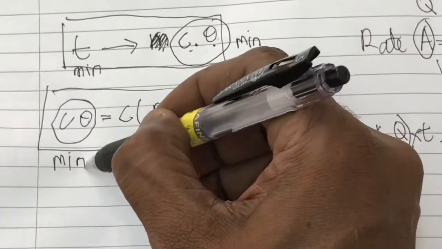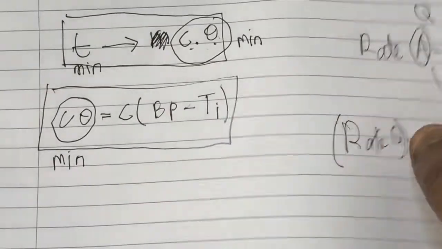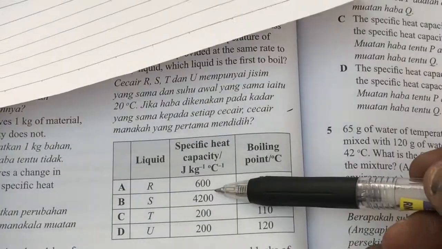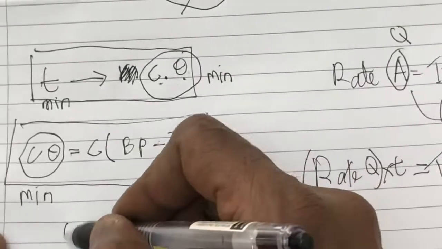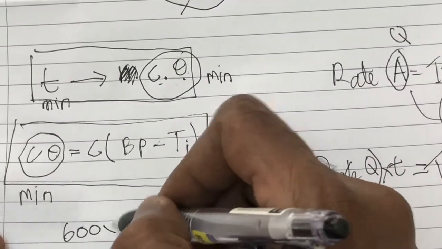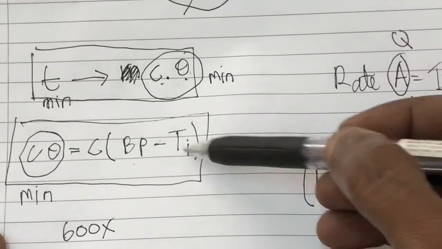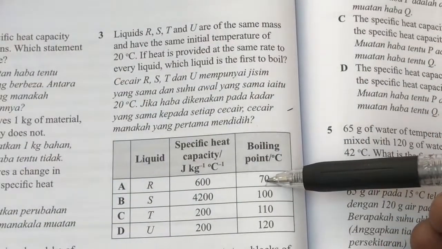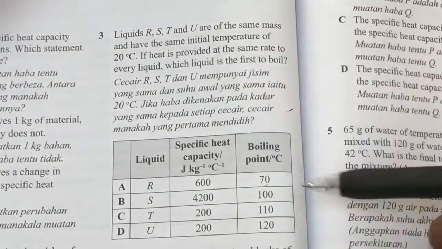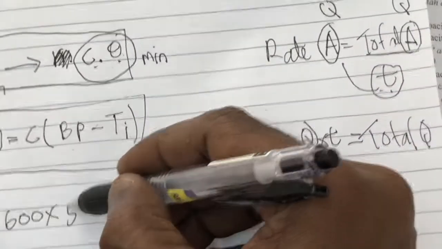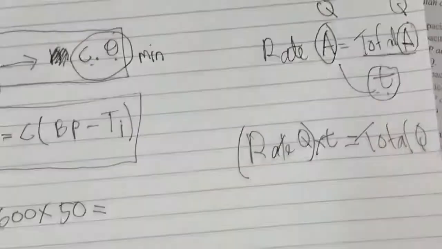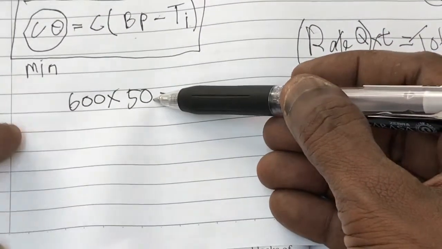So we have to do this one by one. For the first one, c is 600, times the boiling point minus Ti. The boiling point was 70. 70 minus 20 would be 50. Later I do this calculation. So we repeat this for all four liquids.